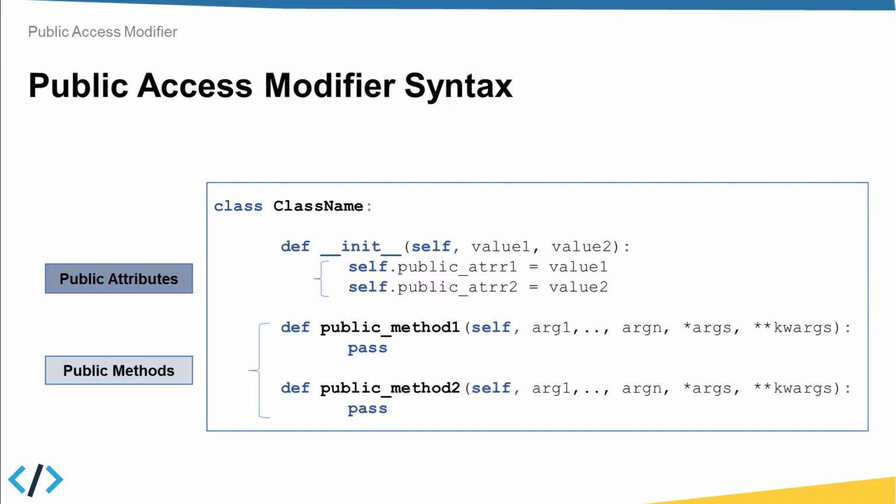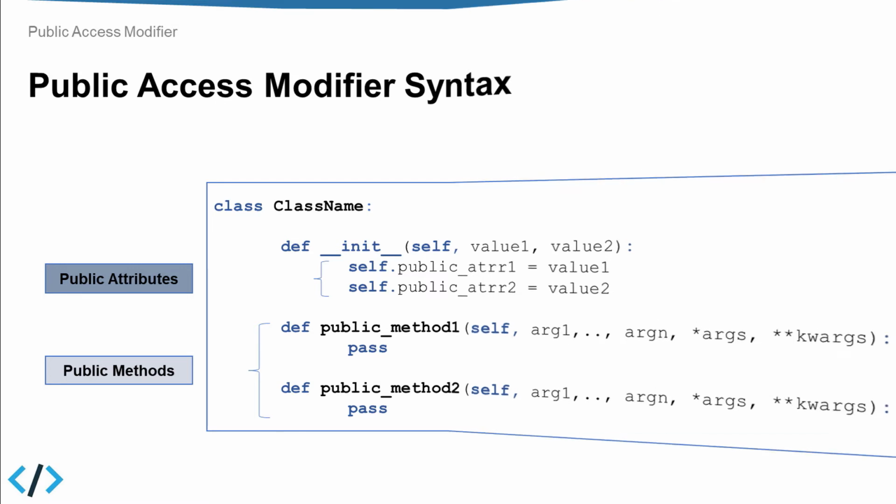And if you want to define public methods, all you have to define is just the normal or traditional methods that you have learned about before. As I mentioned before, everything by default is public and no need to change anything. So it's very simple. And now let's move to Jupyter Notebook to see some examples about the public access modifier.